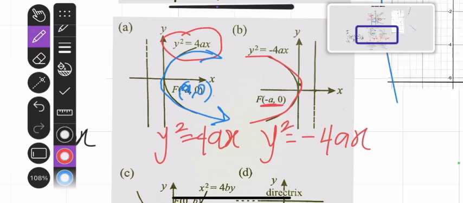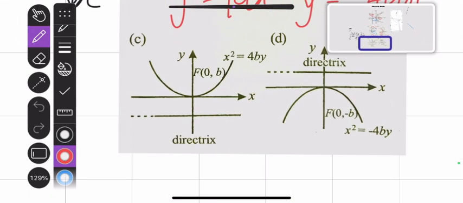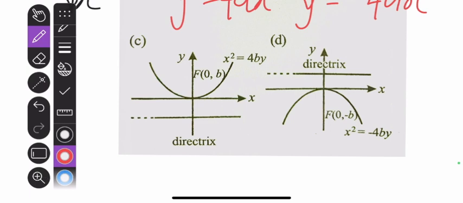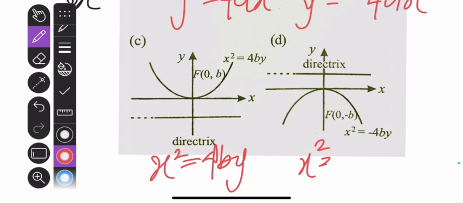Now if we have this type where it is moving either vertically upward or vertically downward, then the equation becomes x squared equals 4by, or x squared equals minus 4by. When it is positive, it moves upward.